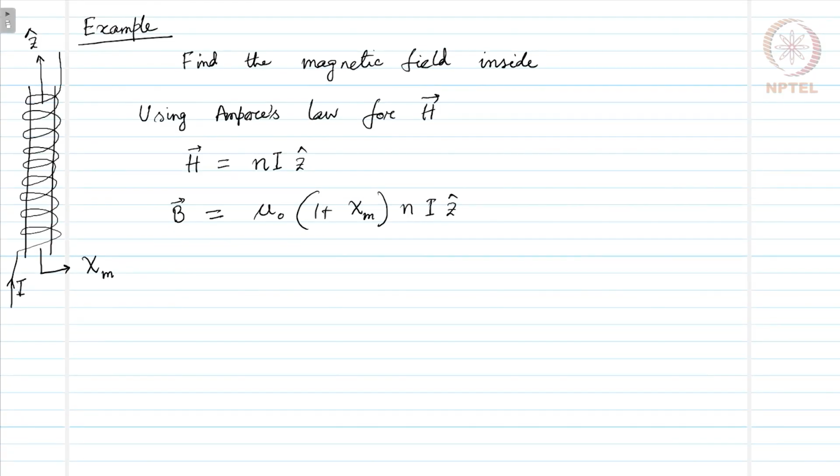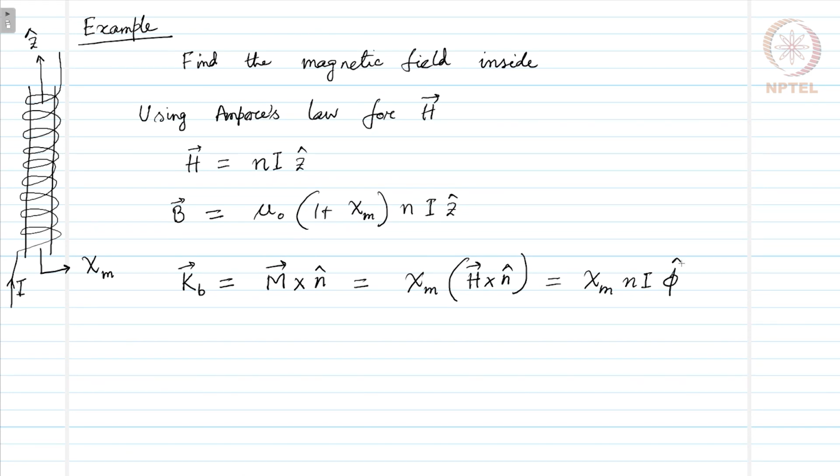We will only have bound surface current density, and that Kb can be expressed as the magnetization cross n cap, which is chi m times H cross n cap, that is given as chi m n I phi cap. This is the bound surface current density.